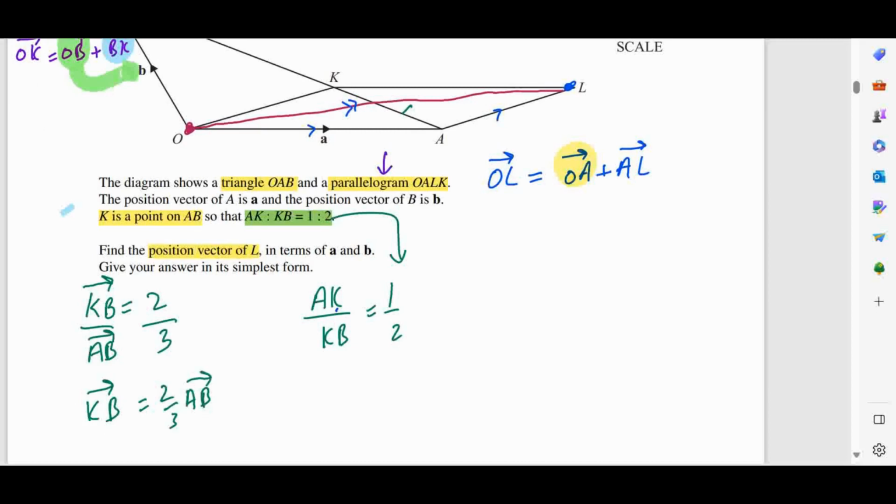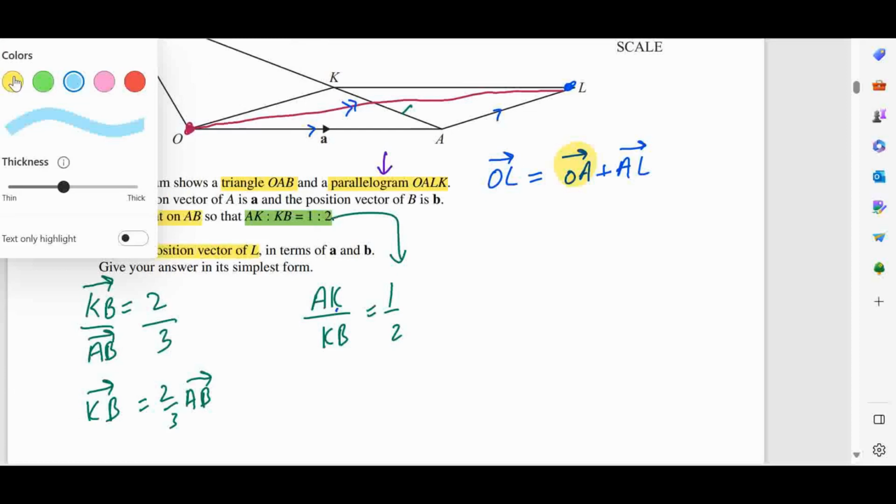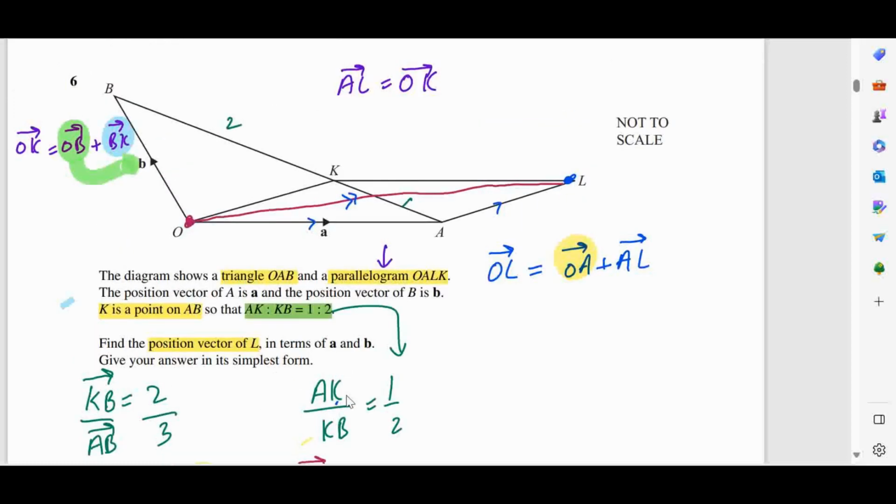Now we are not sure about vector AB, so first we need to find the vector AB. As we are trying to use the addition equations only, that is why we have to use the concept of negative vectors.